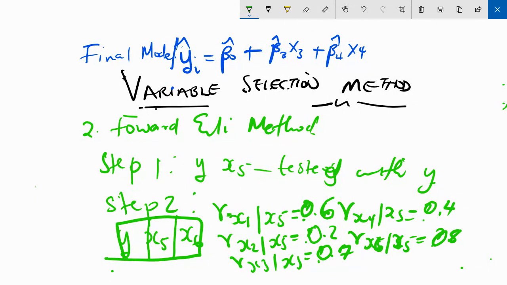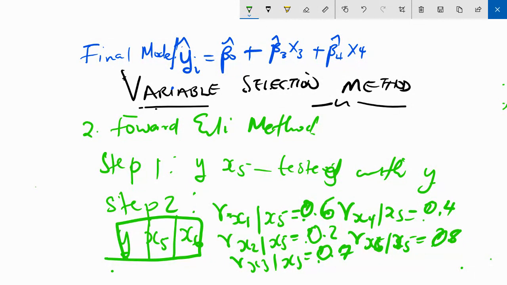This is the tricky one now. You will continue with the process until all the independent variables that qualify to be entered in the model are entered.